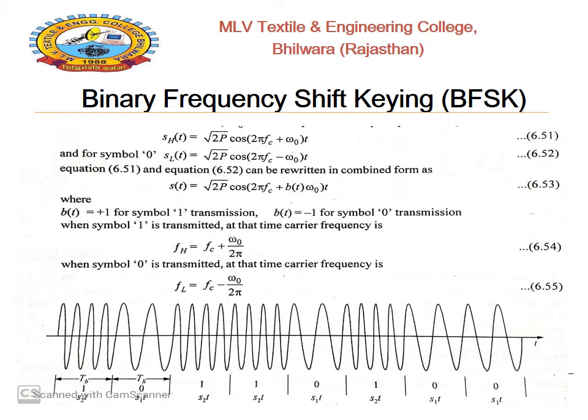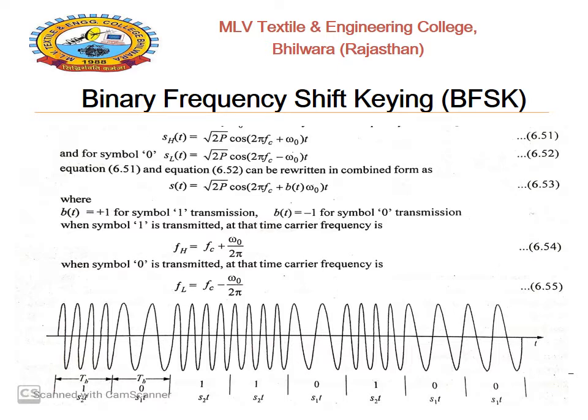Looking at the waveform for the given bit sequence, the carrier frequency changes according to bit 1 and bit 0. For bit 1, the frequency component is higher, related to Fh, and for bit 0, the frequency component is reduced, related to Fl.